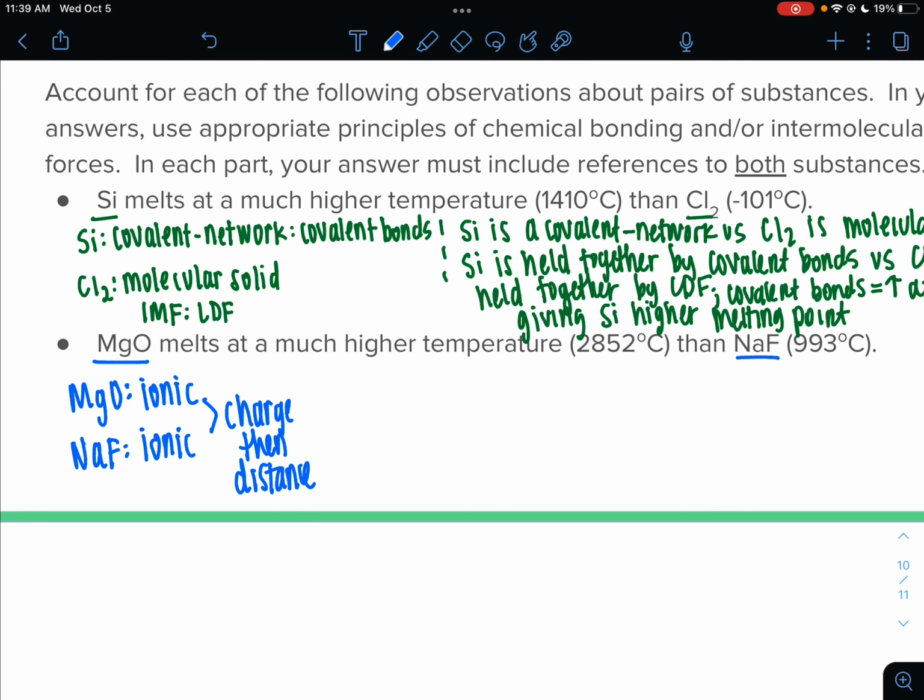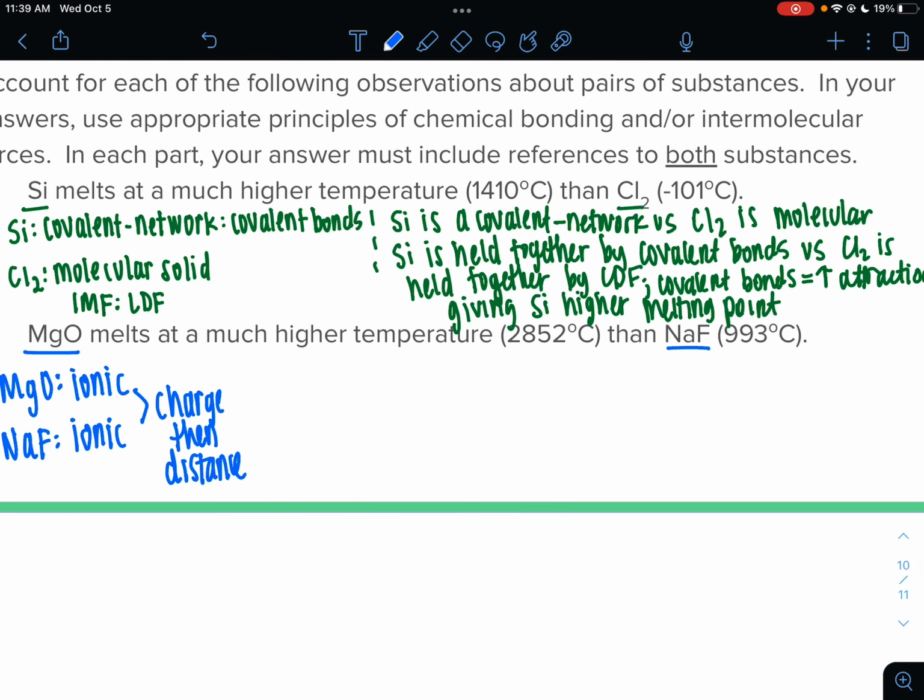So our argument here would be that both are ionic. All right, so we can't go from there. So we would say both ionic. All right, now we have to figure out the difference. Well, MgO is 2 plus with 2 minus, while NaF is 1 plus with 1 minus.